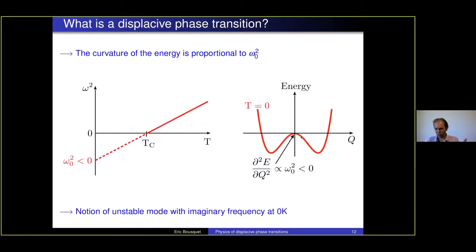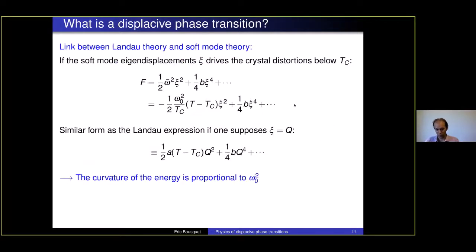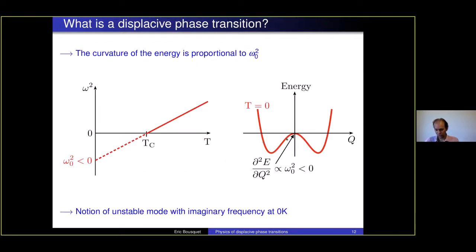This means that we recover the formation of a double well of energies, because that is directly linked to this expression here, where the first term is negative at T equal to 0. It means we have a negative curvature that is linked to the negative square frequency of the phonon. And then we can plot this double well of energy, even if you do the calculation at T equal to 0.